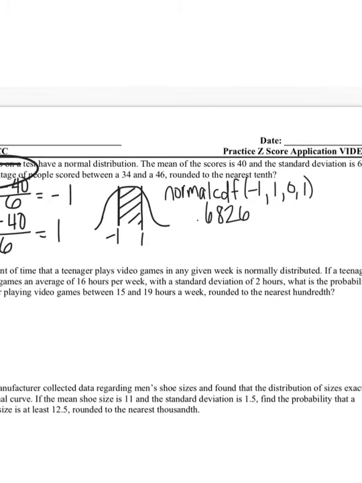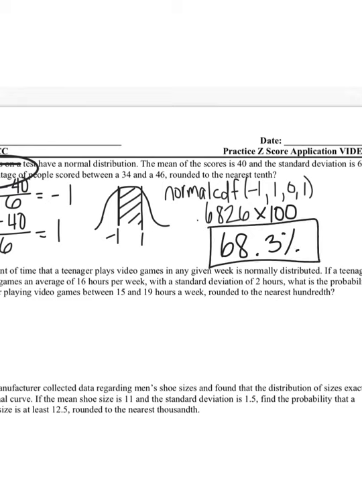So you have to take that number and multiply it by 100, and then we're rounding to the nearest tenth. So final answer is 68.3%. And that's it. So again, that number rounds to be 68 if you round it to the nearest whole. So that's where the empirical rule actually comes from.